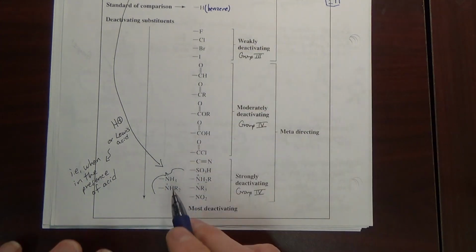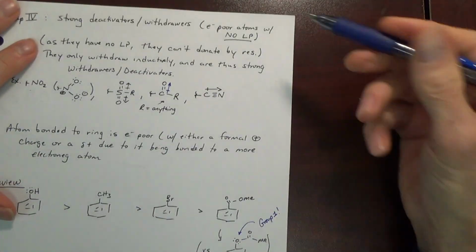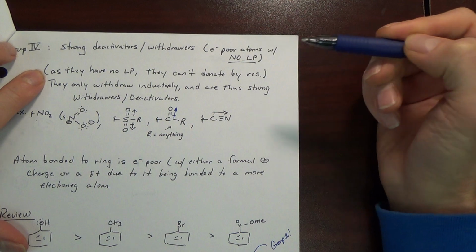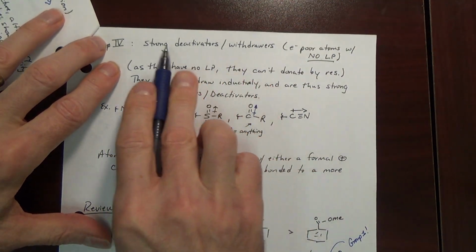And if that happens, the nitrogen becomes positively charged. And at that point, it no longer has a lone pair and it's electron poor. And then it becomes a group 4 atom, which is then a strong deactivator.